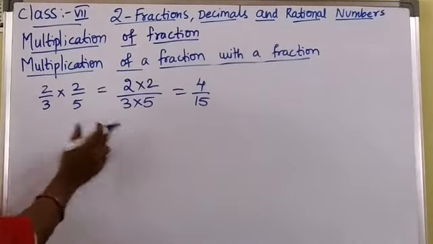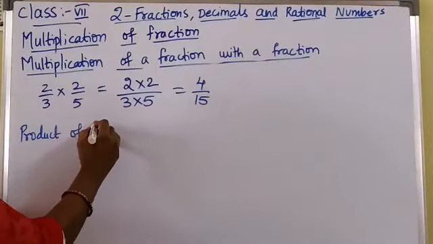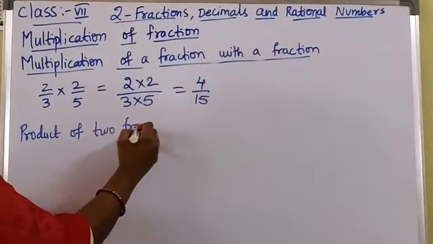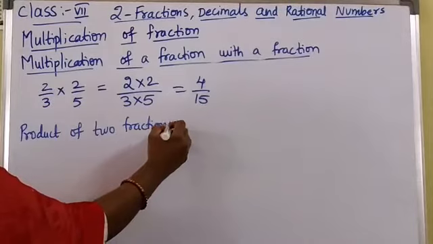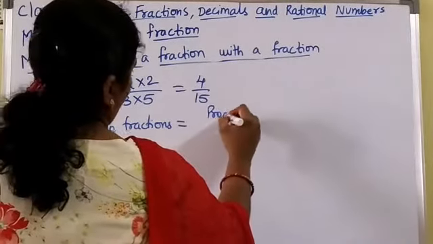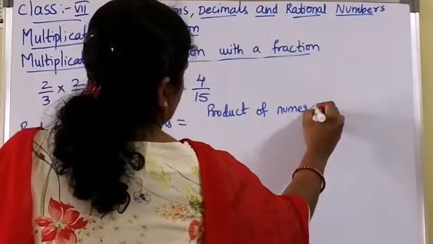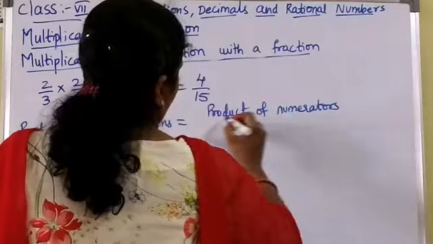Because here we can observe that product means what? Multiplication. Product of two fractions is nothing but product of numerators by product of denominators.